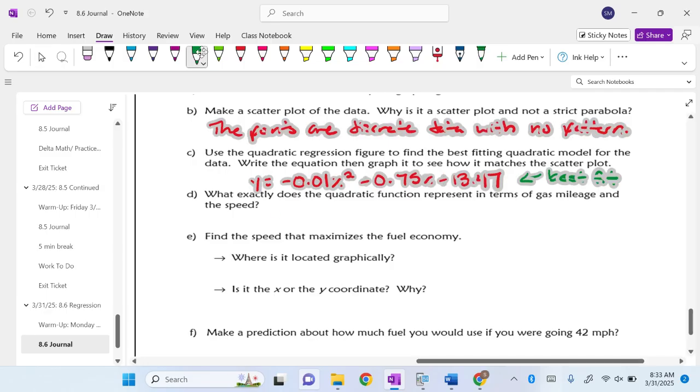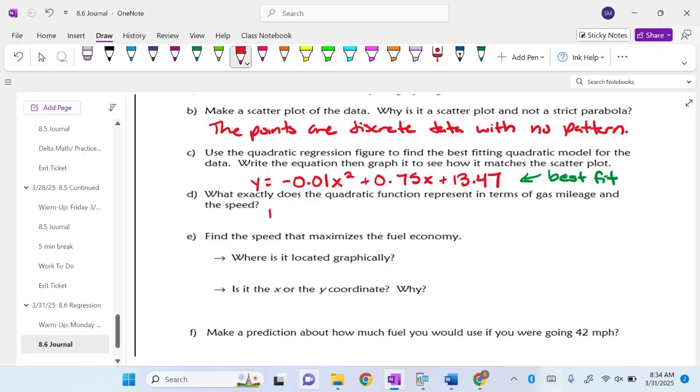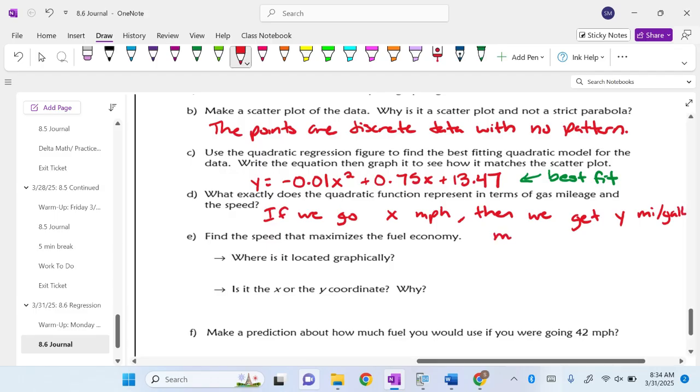So it's saying if we go X miles per hour, because it's speed, then we get Y miles per gallon, mileage.